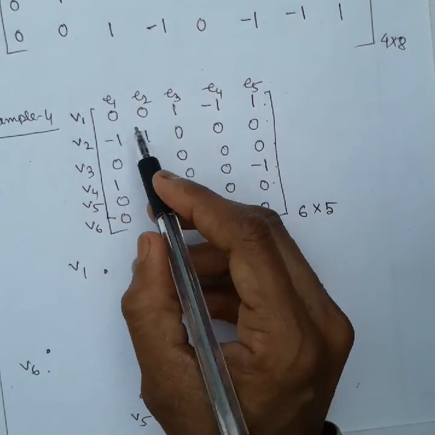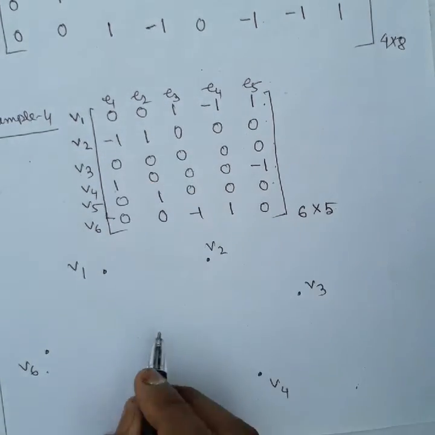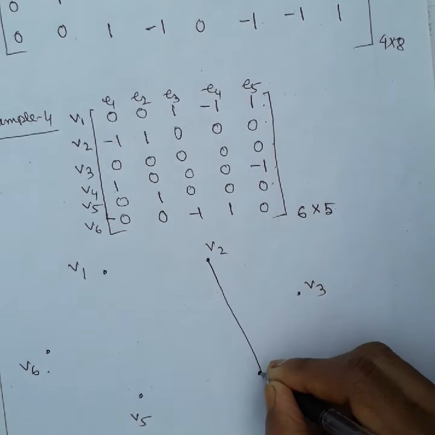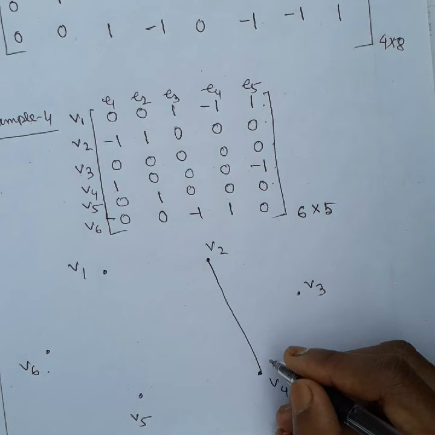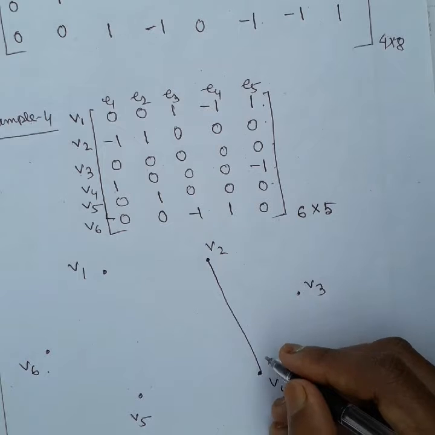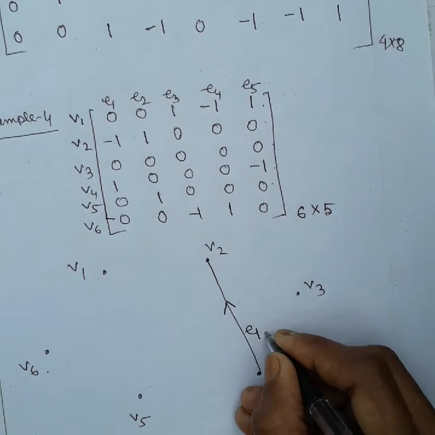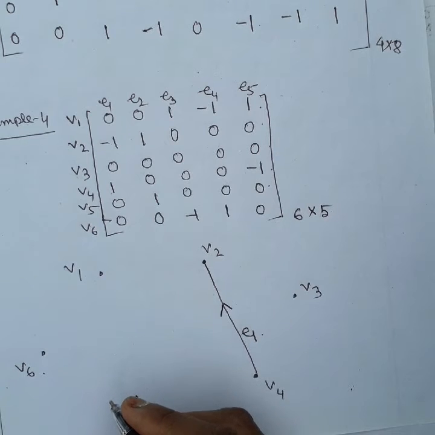So E1 is in between V2 and V4. So we connect V2 and V4, and V2 is -1, that means direction towards V2. This is E1. Okay, E2 is in between V2 and V5.